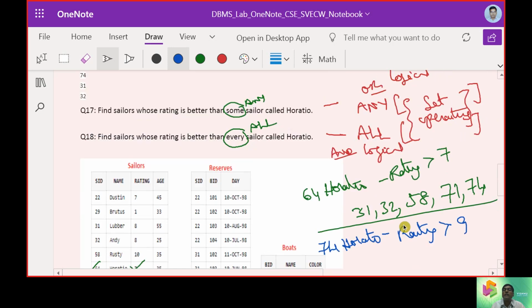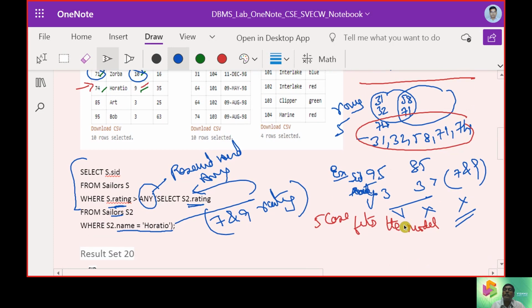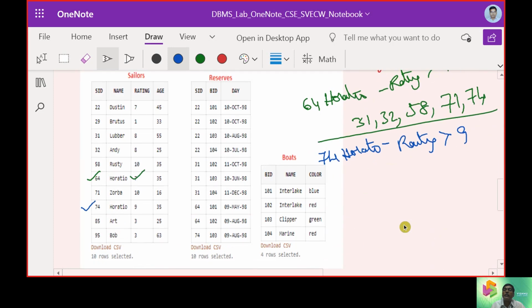In this case, we have only two options, that was 58 and 71.